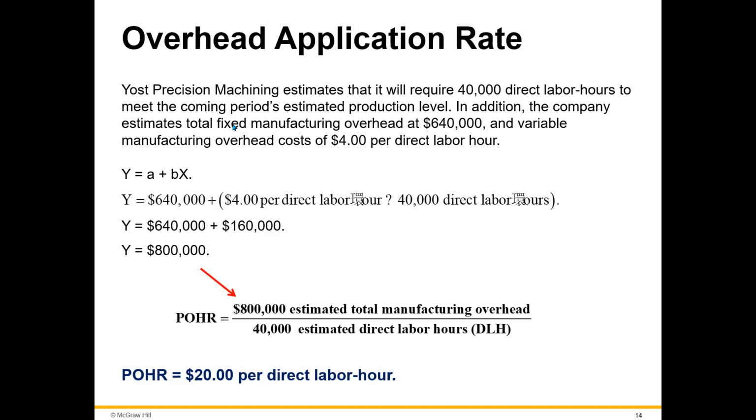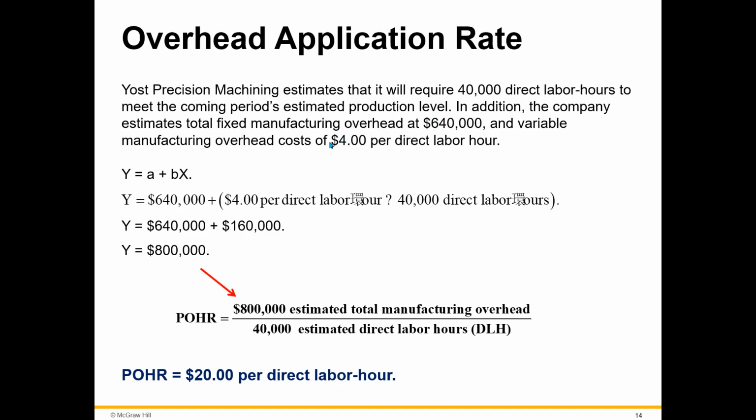And then the total estimated fixed overhead is $640,000, the fixed overhead part for the coming year. And variable manufacturing overhead is approximately $4 per direct labor hour.